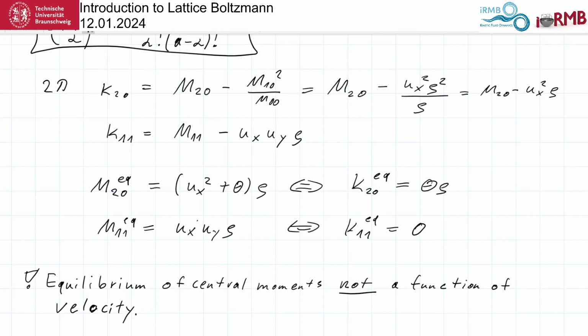The velocity compared to the moving frame of reference is 0, so it cannot depend on the velocity. So velocity has to be eliminated.